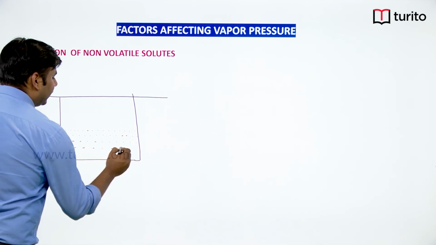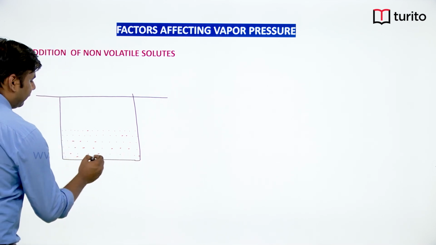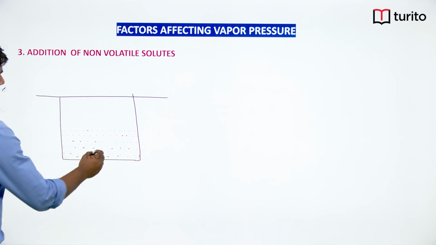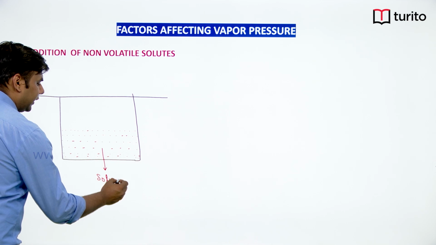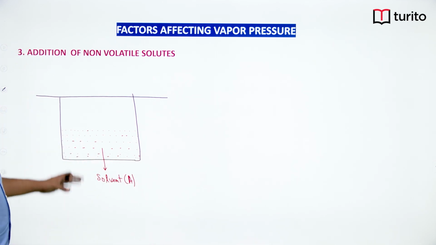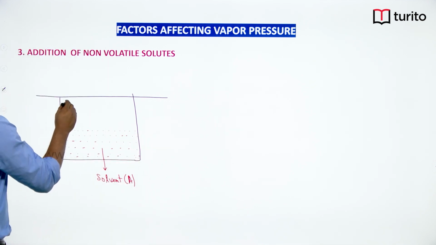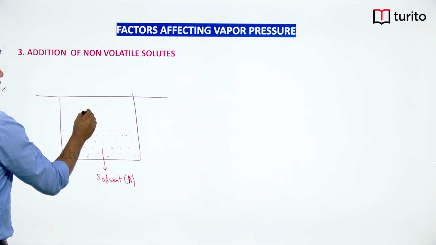Now suppose we have a liquid solvent, say we call it A. So only the liquid solvent is present, and over here there would be vapor. I will show the vapor in blue dots. The vapor of this would be formed.